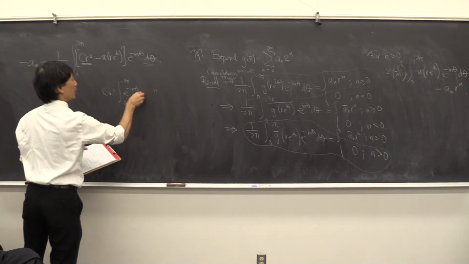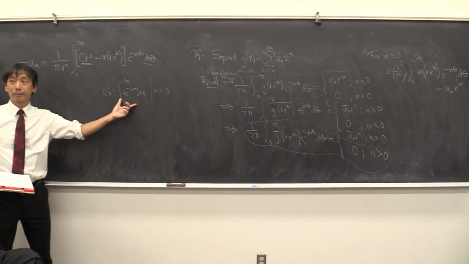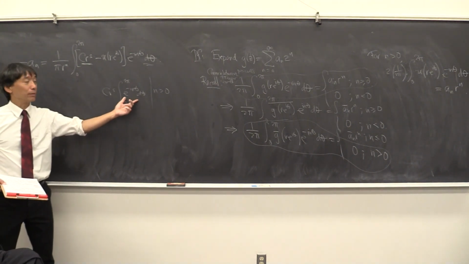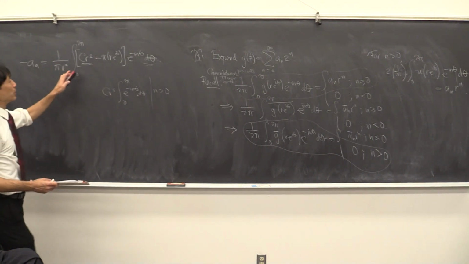Remember n is bigger than 0, and this is just 0 for n bigger than 0. So we slip in a 0.